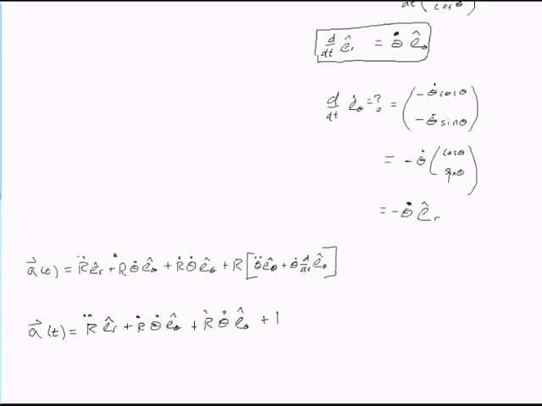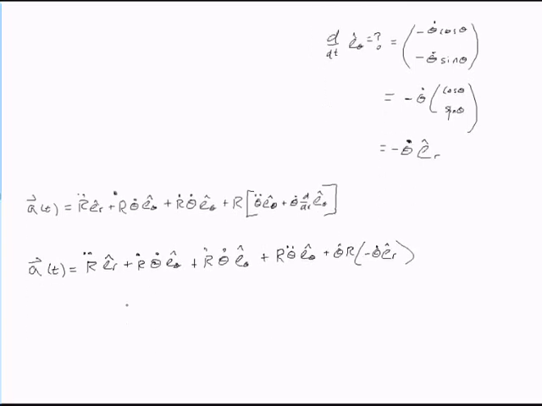Plus r, I'm just expanding the brackets right now, r theta double dot e theta hat, plus theta dot r times whatever the derivative of e theta is, which we figured out was just minus theta dot e_r hat.